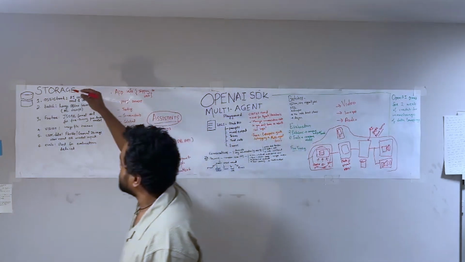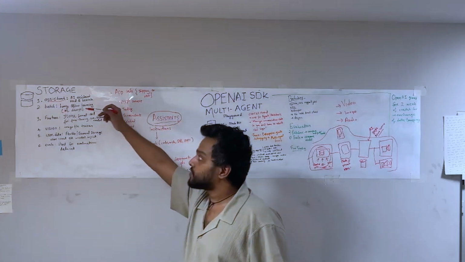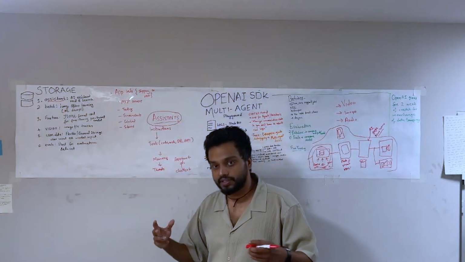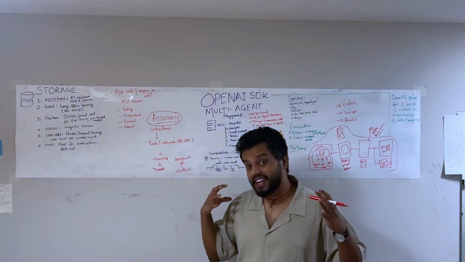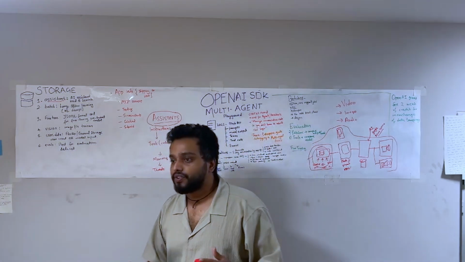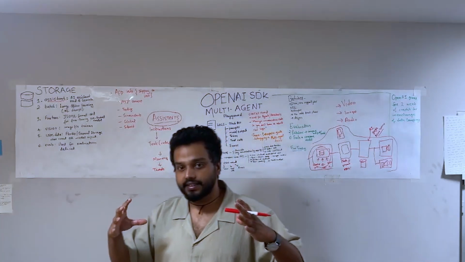And the first storage is the assistant storage, right? This assistant storage is where you store things for the OpenAI brain, or the app's brain. If you are making any kind of software, you need to have a centralized brain.